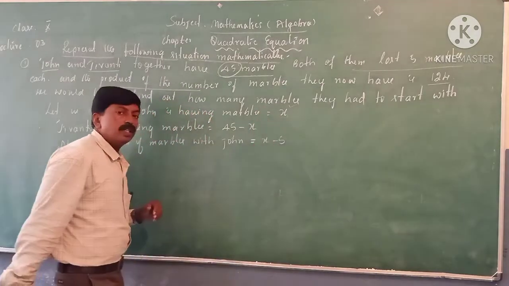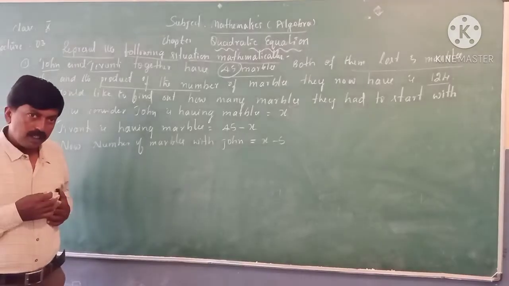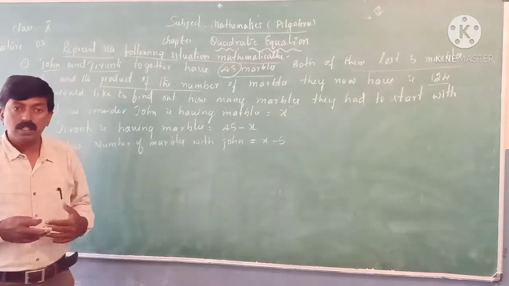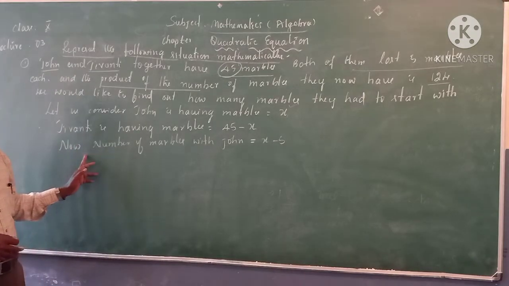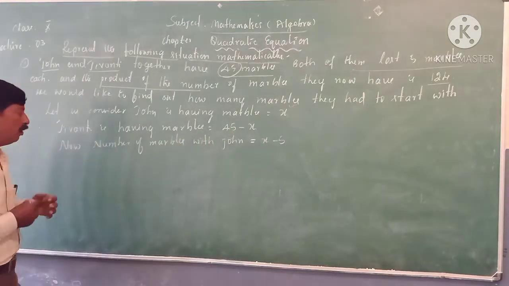That is x minus 5. Remember, if in my pocket there is 100 rupees and I lost 5 rupees, that is 100 minus 5. In the same way, according to the statement, the number of marbles with John is x minus 5.